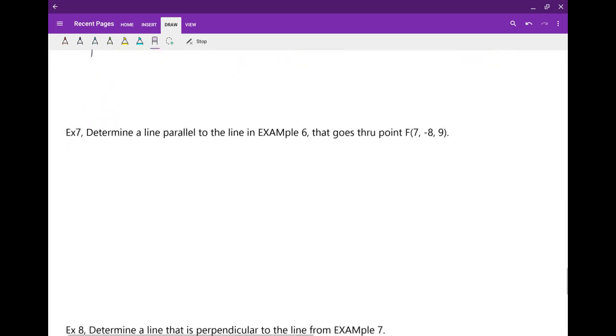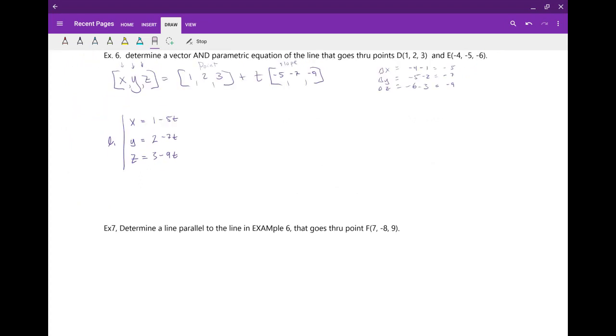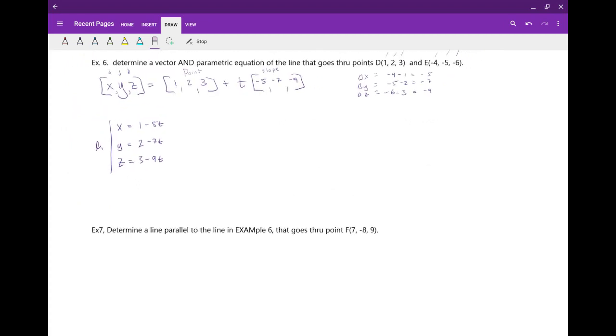Now what we're going to do is define a line that's parallel to the line in example 6, and it goes through point F. Oh, well, I've got this line in example 6. I'll copy it down over here. XYZ.